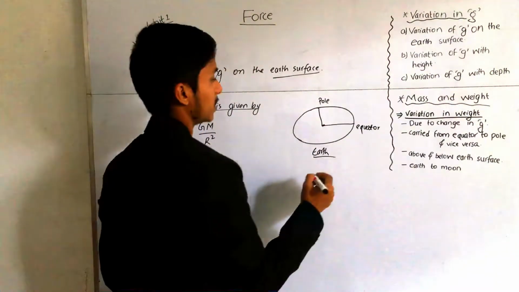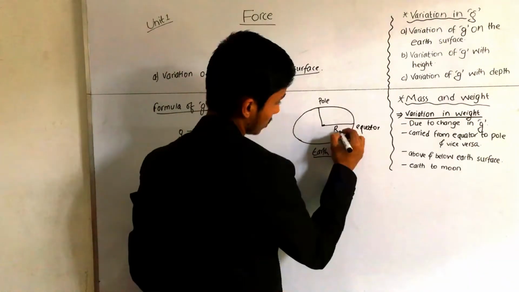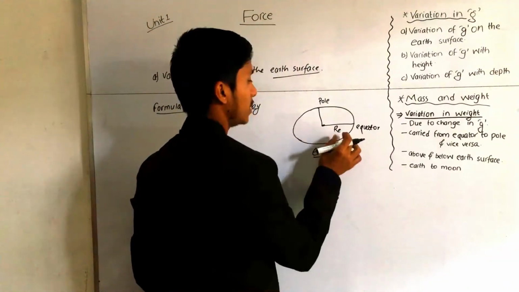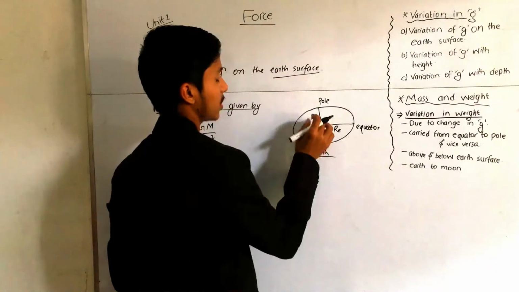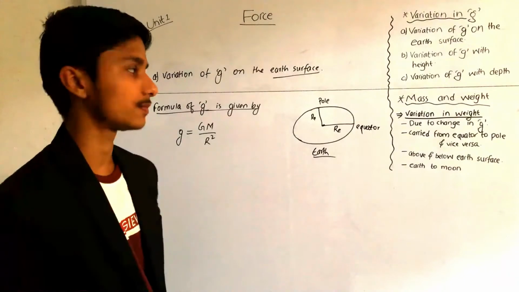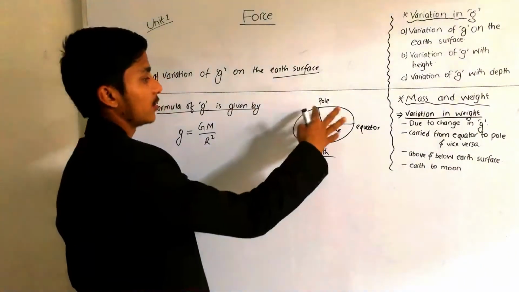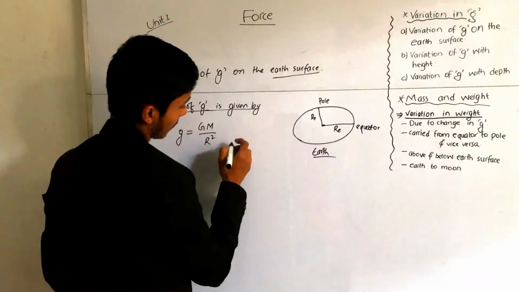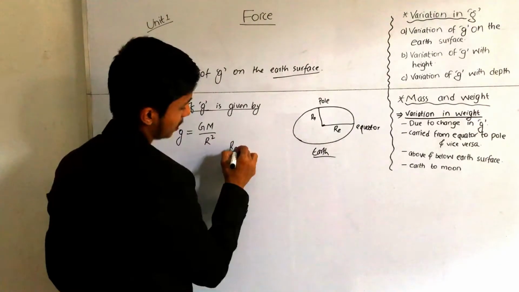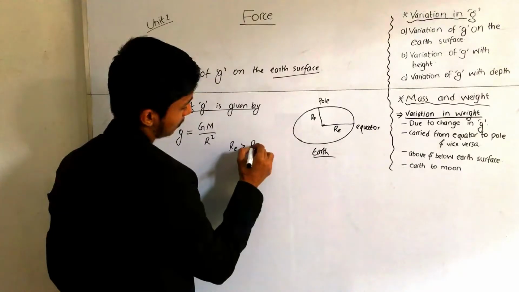This is the radius of the earth at the equator, RE, and RP is the radius of the earth at the pole. We can figure out from the figure that RE is greater than RP.